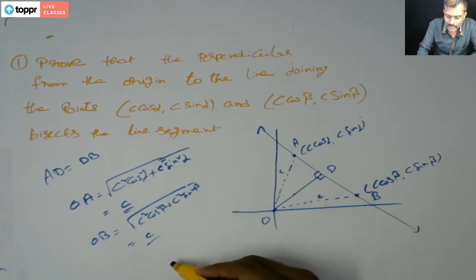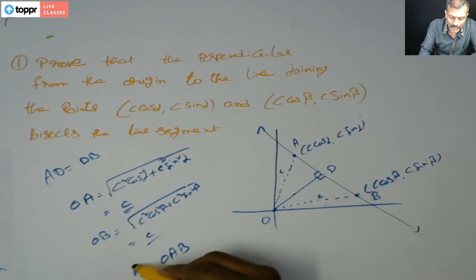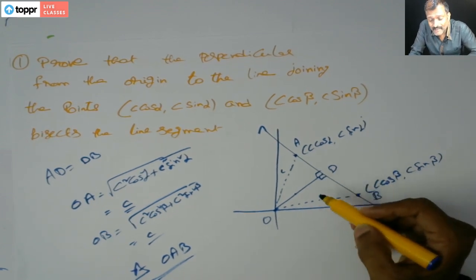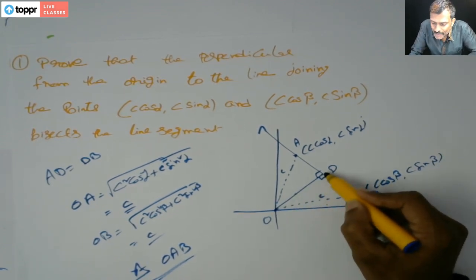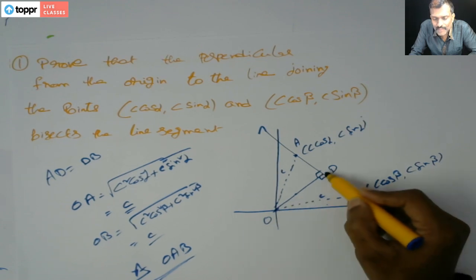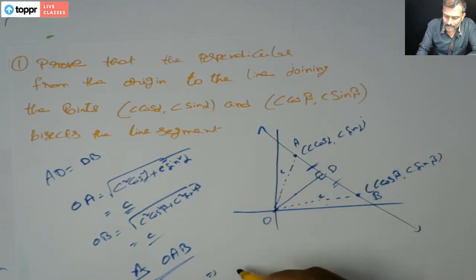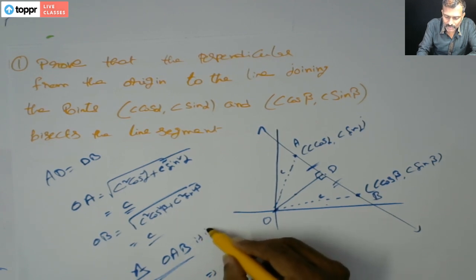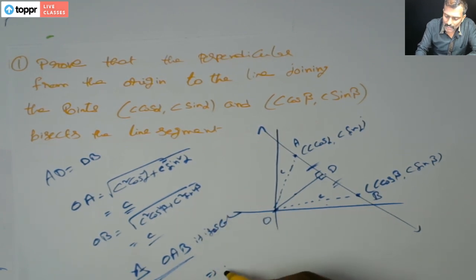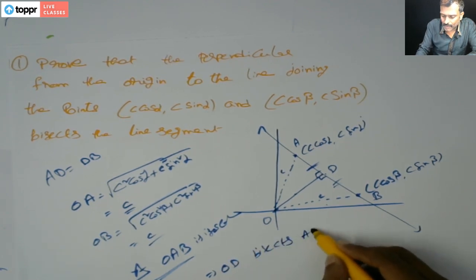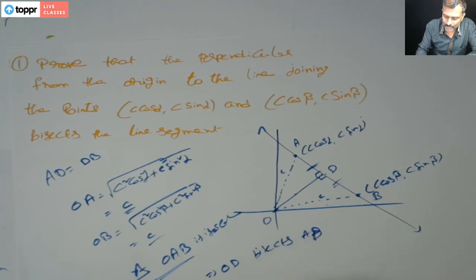So in other words, triangle OAB is an isosceles triangle. And in an isosceles triangle, the perpendicular drawn from the vertex will bisect the opposite side. So what can we say? This implies OAB is isosceles, and then we can say that OD bisects AB, or simply AD is equal to DB.